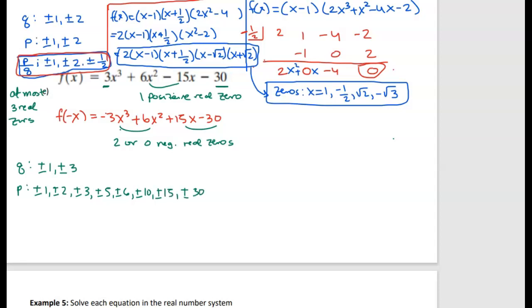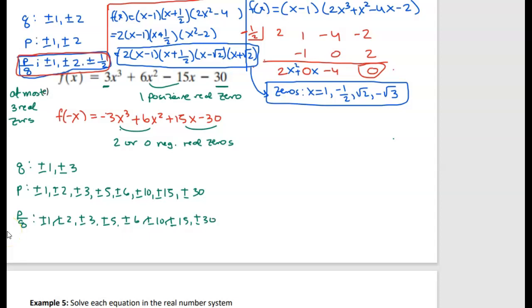Lots of them. All right, so my possible zeros are the p's over the q's. So all these over 1 and all these over 3. So plus or minus 1, plus or minus 2, plus or minus 3, 5, 6, 10, 15, and 30.